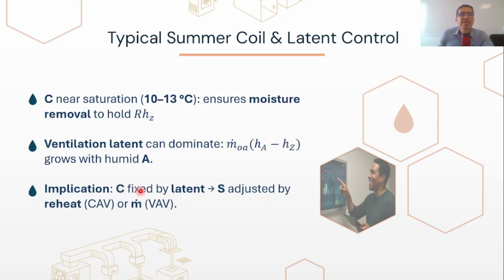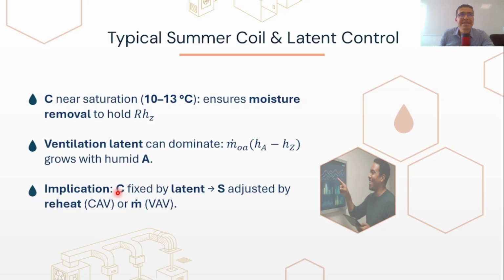Then once the coil exit properties C are fixed by latent control, the sensible requirement is met by setting the supply air properties at S. When we keep C fixed because of the latent load, this can be too cold for the zone, especially at moments when the sensible load in the zone is low.